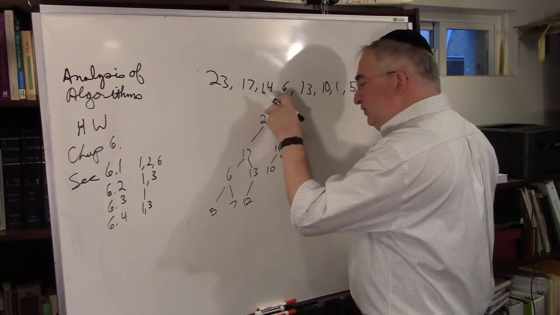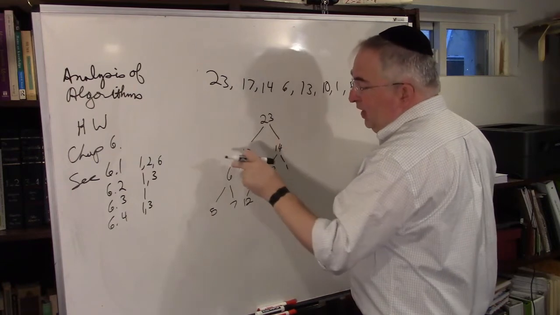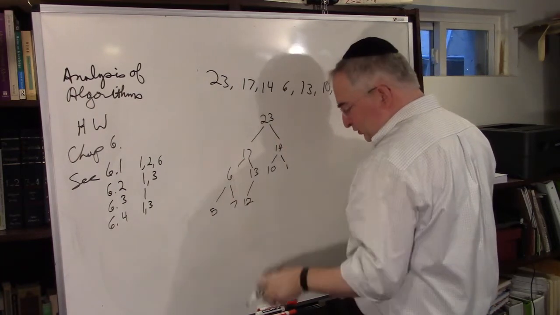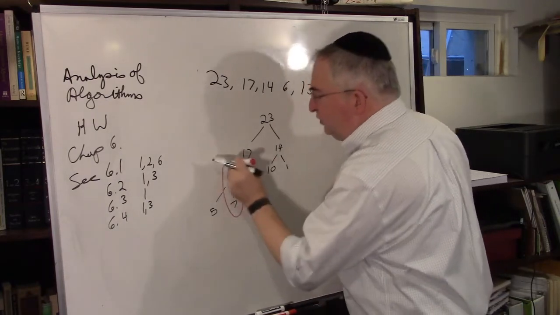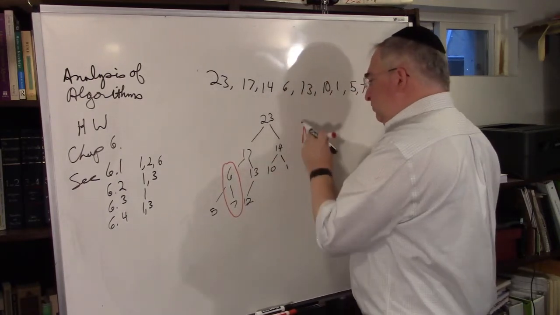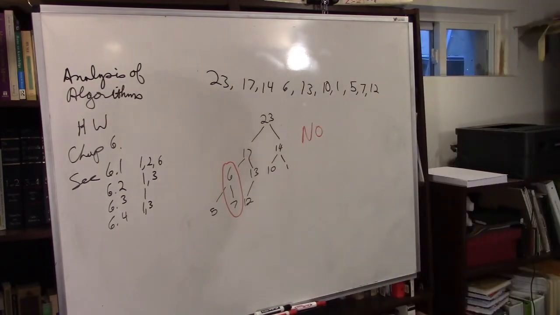Okay, he's larger than his children, he's larger than his children, he's larger than his children. He is not larger than his children. So the answer is no. Okay, so that takes care of that. That was pretty simple. Okay, next.